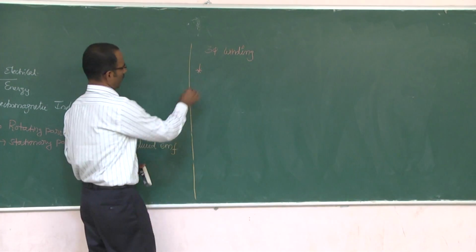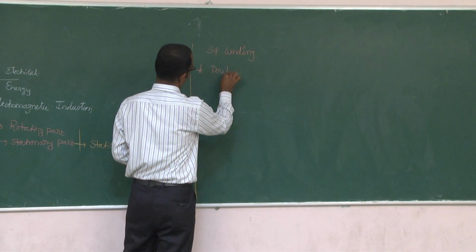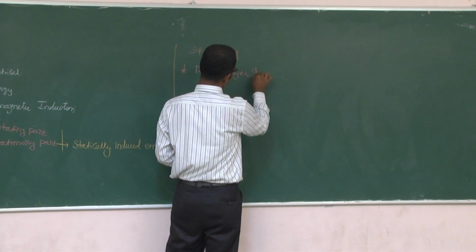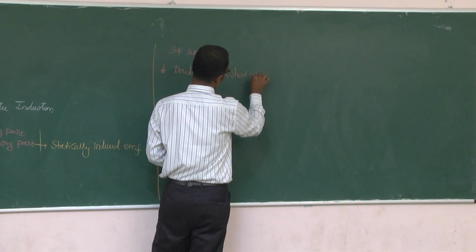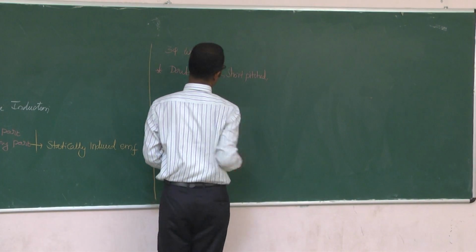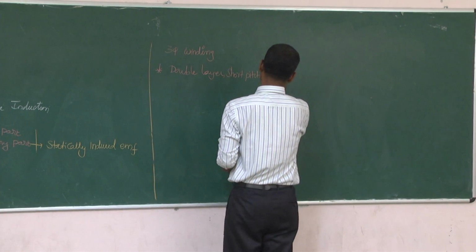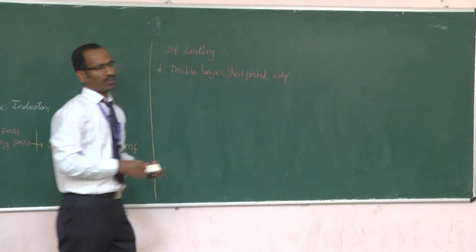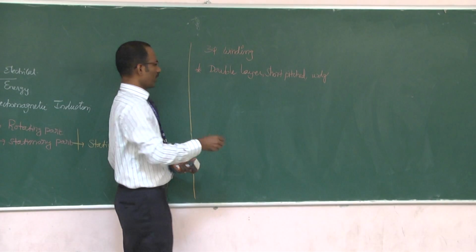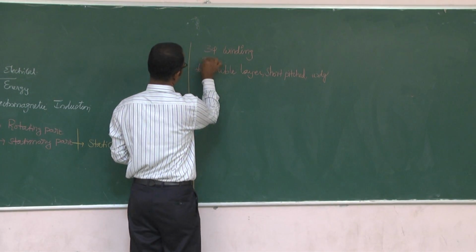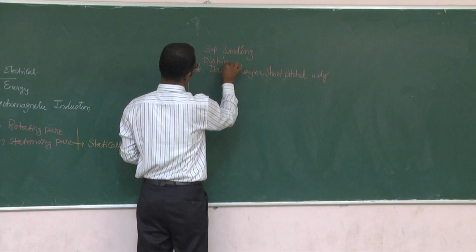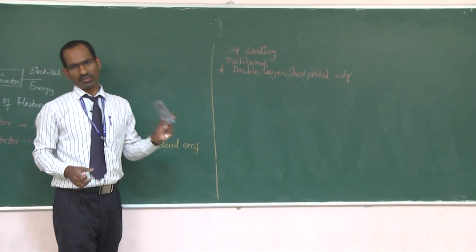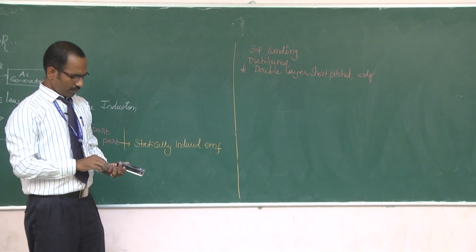Mostly we are using a double layer short pitched winding. We are always using a double layer short pitched. One more category is there, it is the distributed winding. So distributed double layer short pitched windings are always used in the stator part.